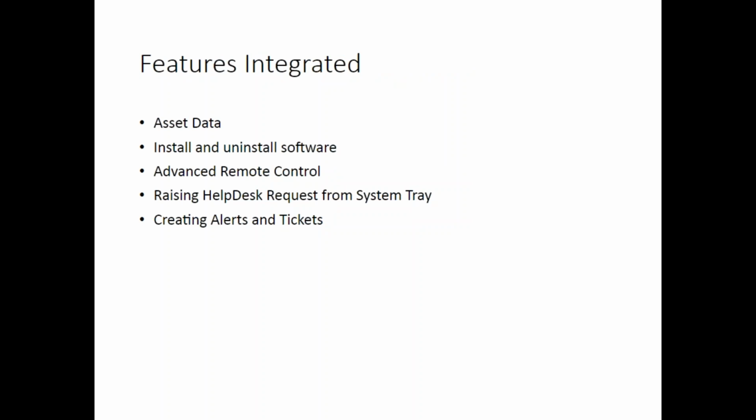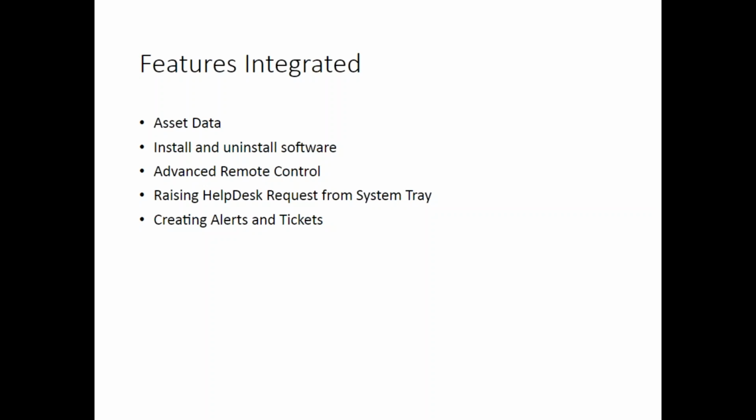What are the features integrated between Desktop Central and ServiceDesk Plus? Asset data. The agent collects all the inventory information from the client computers, such as warranty info, OS key, and software license key, including hardware and software asset details.